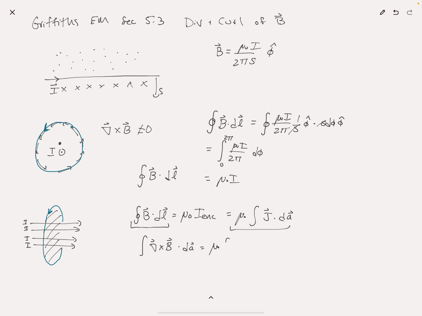Now I'm still mu naught J dot dA. Well, if this is an integral over the surface, and I'm doing the same integral over the same surface, then that's true for all surfaces. So I'm left with the meat of those integrals. The curl of B is now equal to mu naught J. This is Ampere's law.